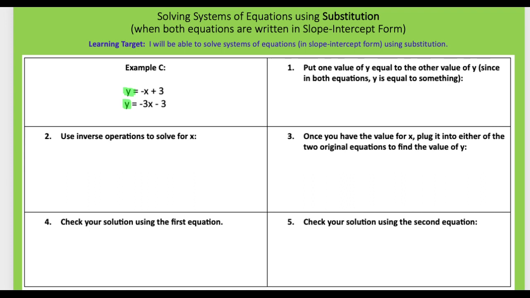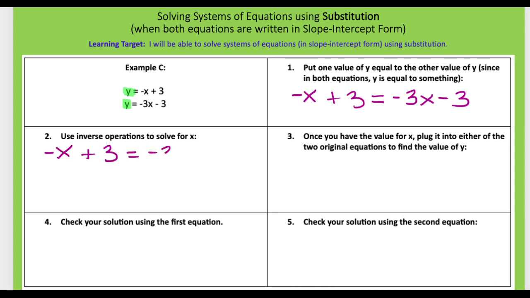So on the left side, I'm going to write negative x plus 3. And then the right side is equal to negative 3x minus 3. So now I have an equation with only one variable, which is x. So I will use inverse operations to solve for x.